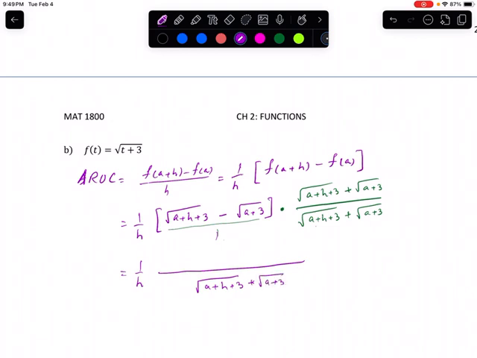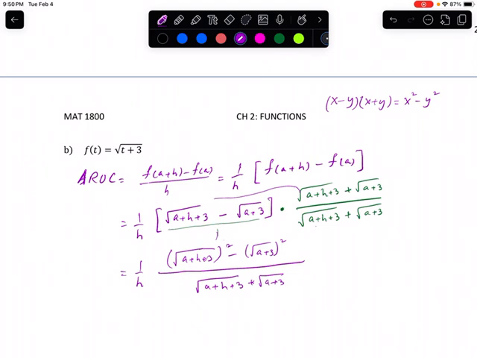And now on the top, we will multiply them out. You can apply the formula, let me do it like this: x minus y times x plus y equals x squared minus y squared. So if you apply that formula, you get square root of a plus h plus 3 whole squared minus square root of a plus 3 whole squared.